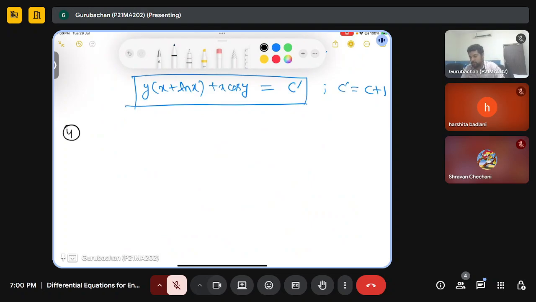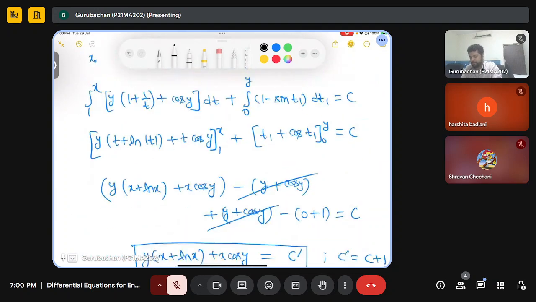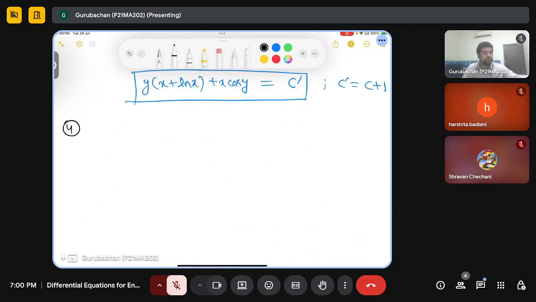Okay, so let me just write the next question. I think it will be question number 4. So it is like this: (3y minus 7x plus 7) dx plus (7y minus 3x) dy. Okay, wait.